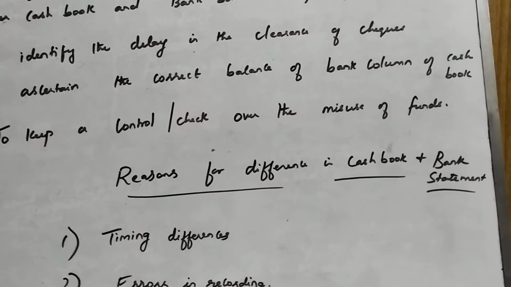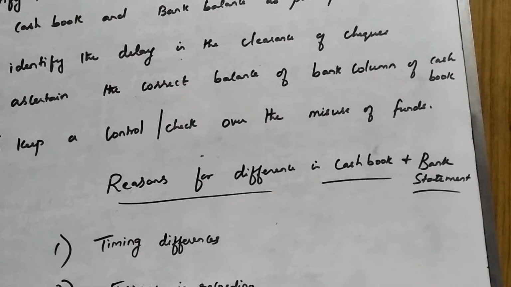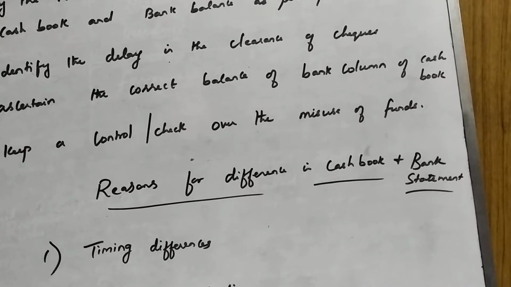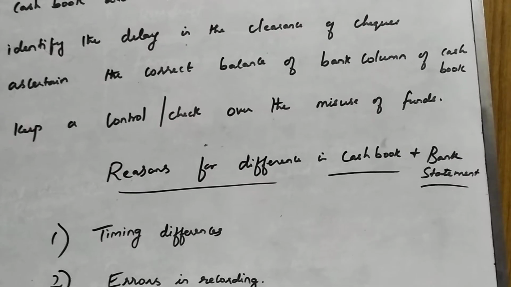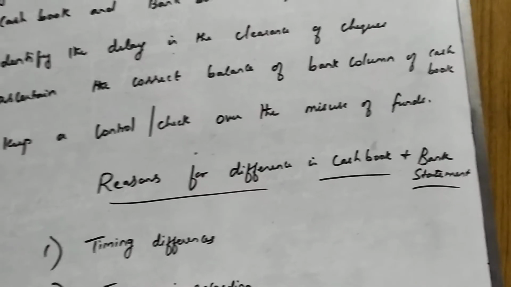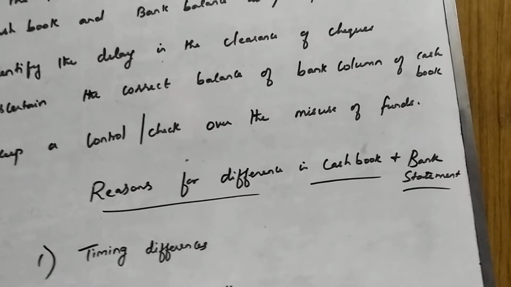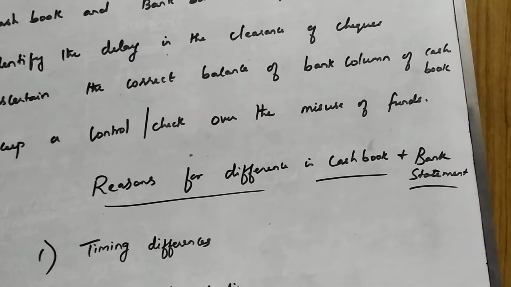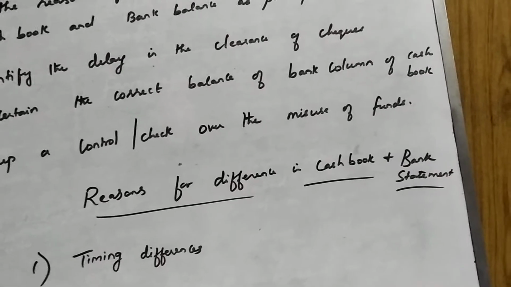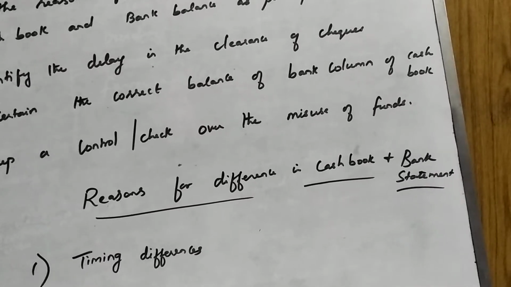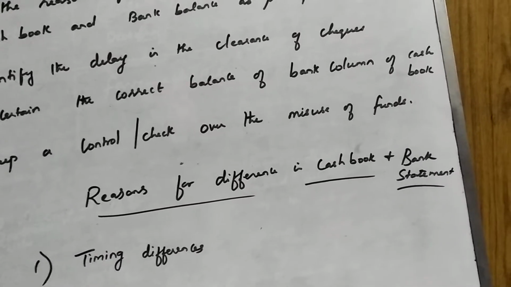Then check deposited into bank but not yet credited. Now I have received a check from my customer and I have deposited the check with my bank. Right? And it takes around 1 or 2 days for the amount to get credited to my account.